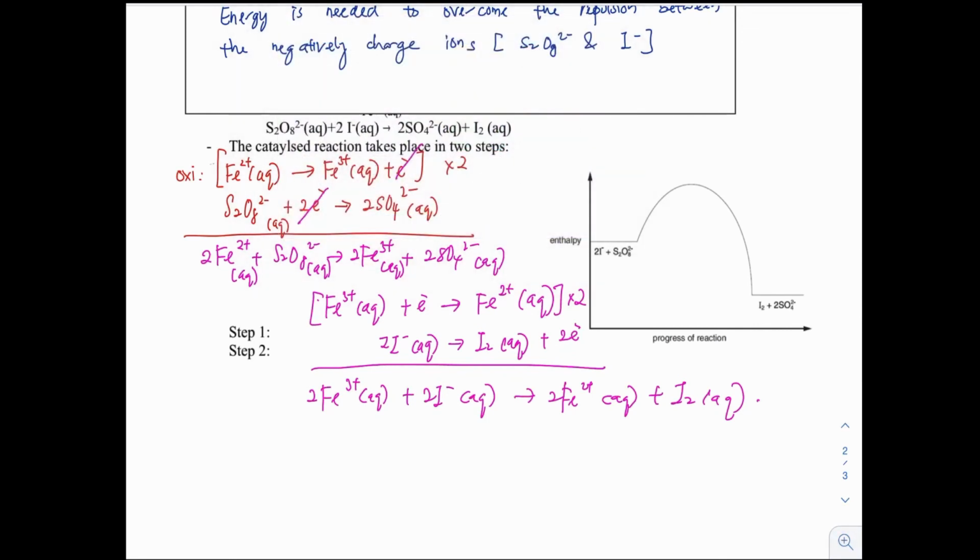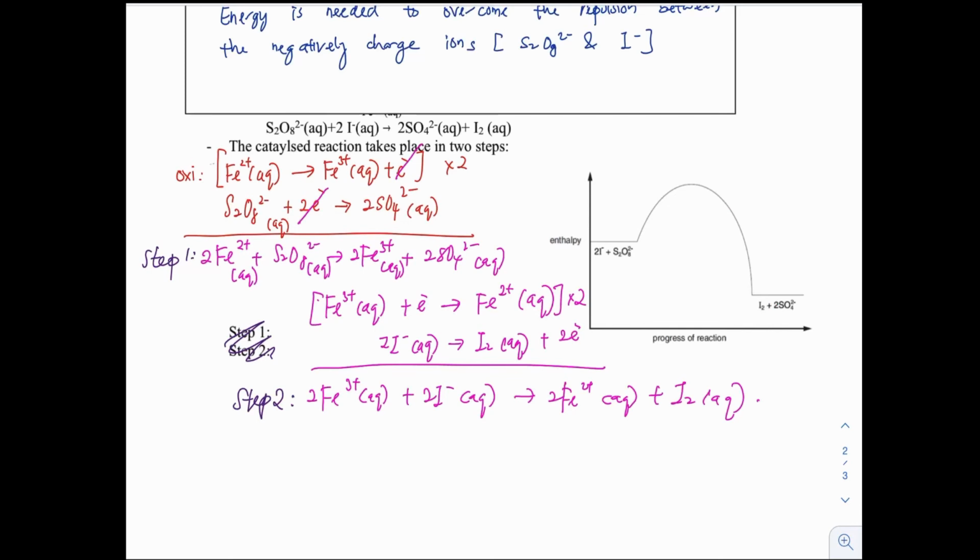Okay, so in other words, this is my step 1 equation and this is going to be my step 2 equation. Alright, so my intermediate will be my Fe3+ in this case. So therefore, I can plot a graph, an energy pathway over here. Now this energy pathway shows an uncatalyzed reaction, which is just one step.